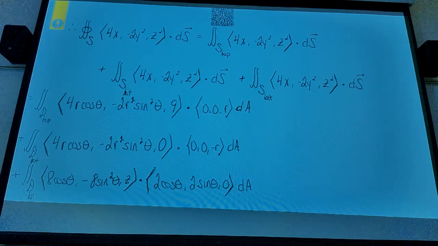Because it's negative 2y squared, and y for the lateral surface is 2 sine theta. 16 cosine squared minus 16 sine cubed.